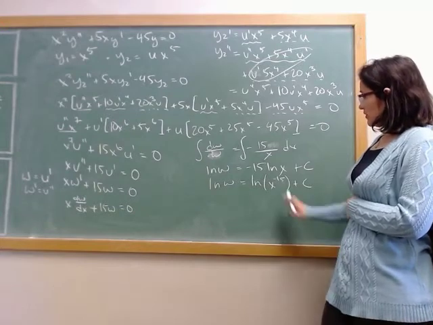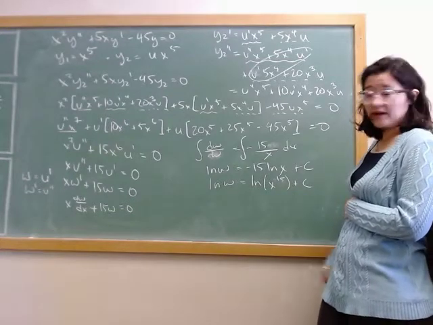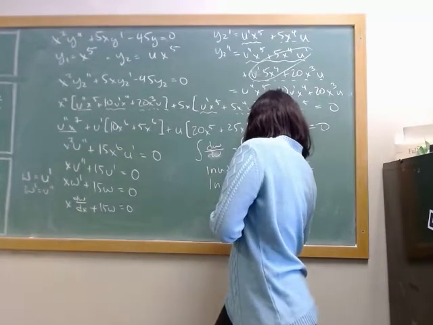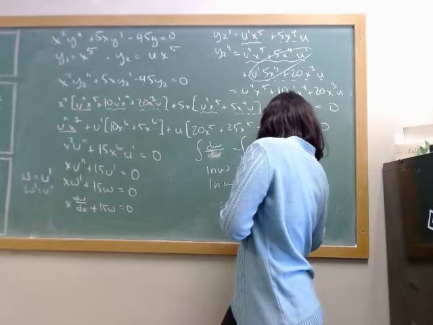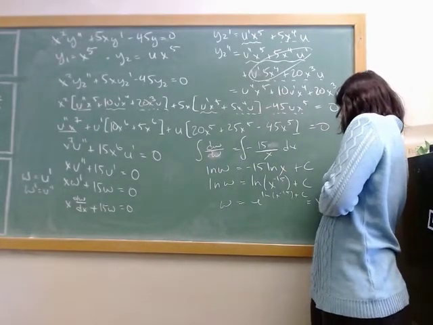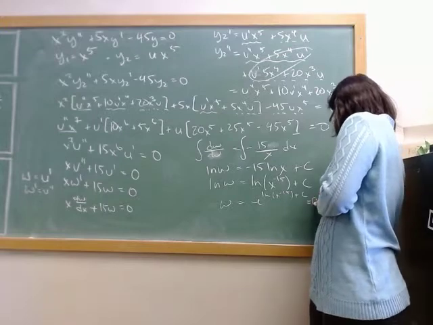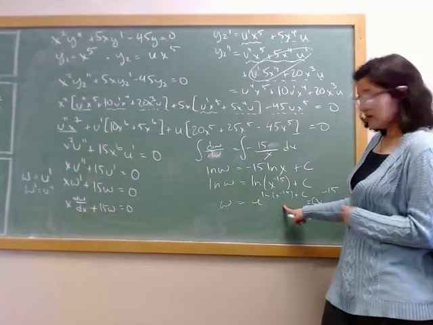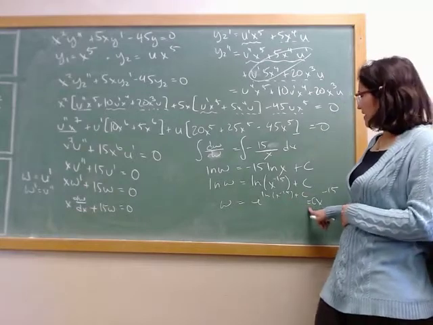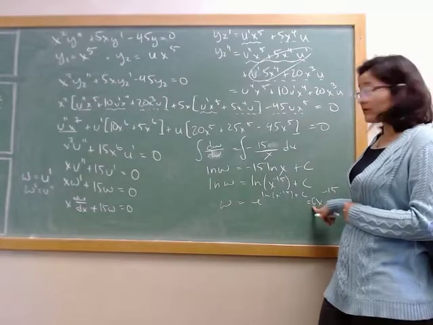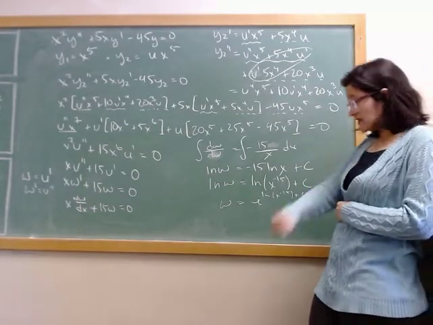We got to remember that power rule for natural logs. And so when I solve for w, I take it to e to the power, whatever's on the right side. And when we use our exponential rules, we find out that w is equal to some unknown constant times x to the minus 15th power.